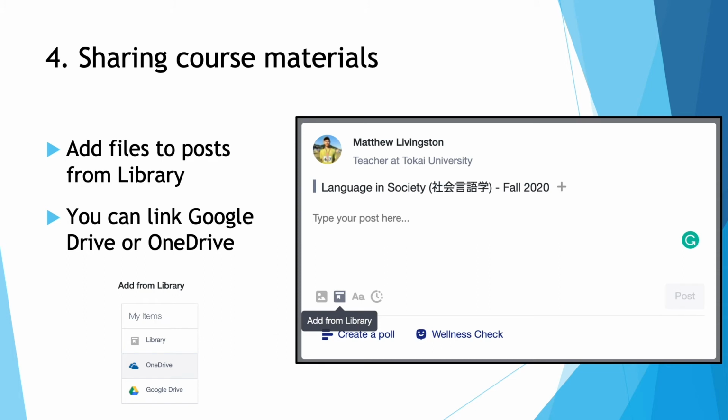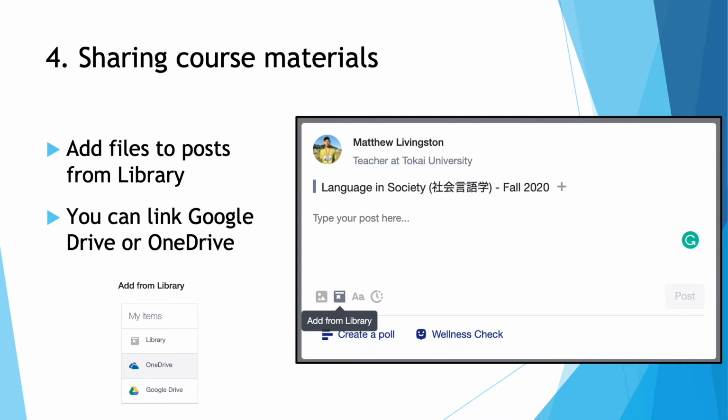The second option is to add a file to your posts from the library. Edmodo itself has a library to store your files. Personally, I haven't found this very useful, and I'd much prefer to use files that I store either on my hard drive or on my Google Drive or on OneDrive.